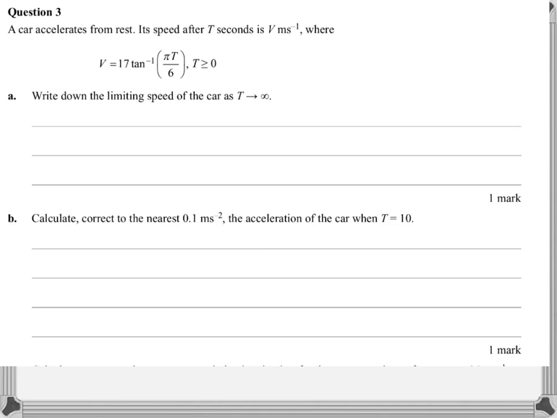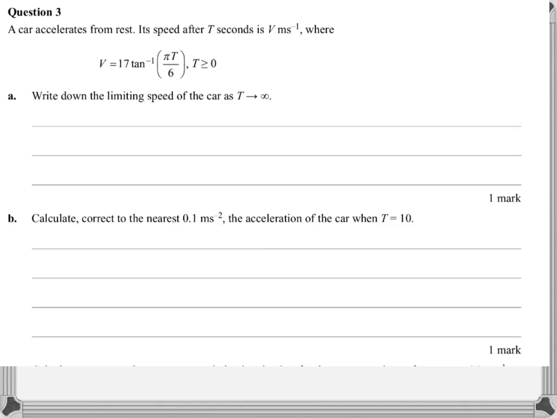Part A: write down the limiting speed of the car as t approaches infinity. So the limiting value of v. As t increases and approaches infinity, what happens to the inverse tan function? This tests your understanding of the implied range of the inverse tan.